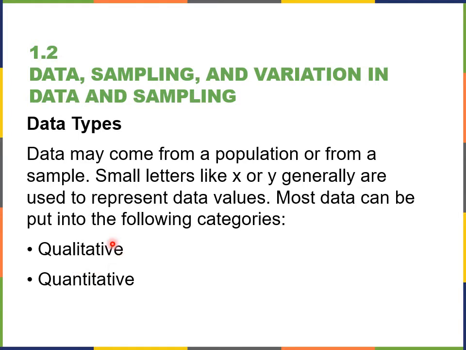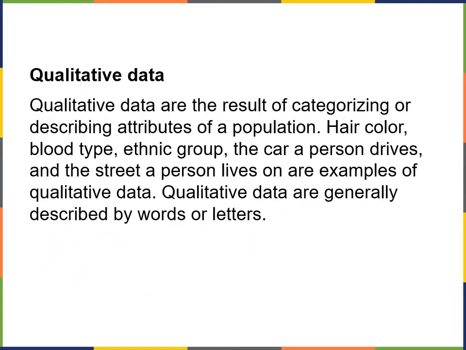Qualitative is categorical, quantitative is numeric. And again, qualitative data is categorizing things, so hair color, blood type, ethnic group, the car a person drives, etc. Those would be all your qualitative things.